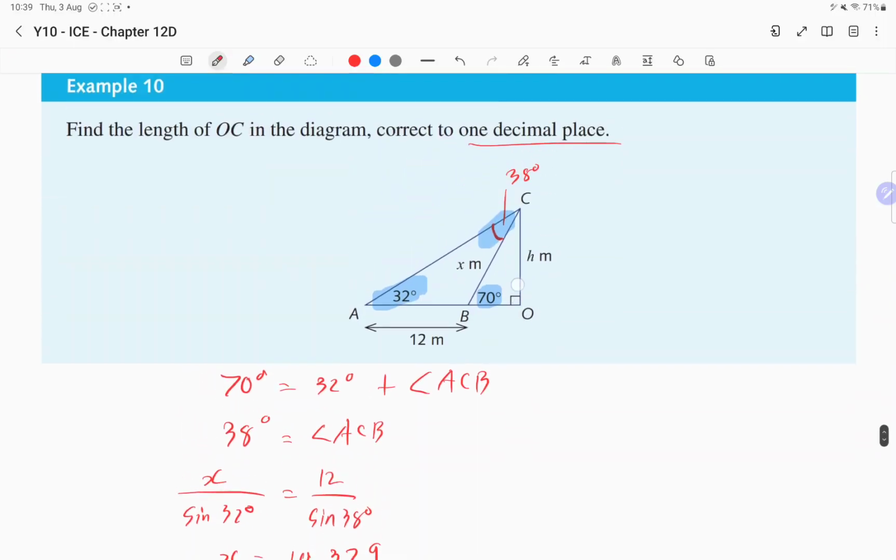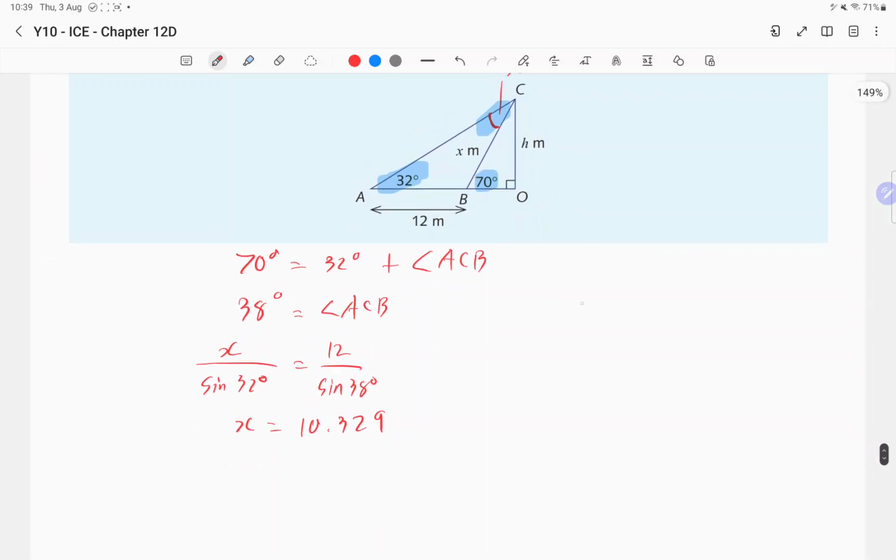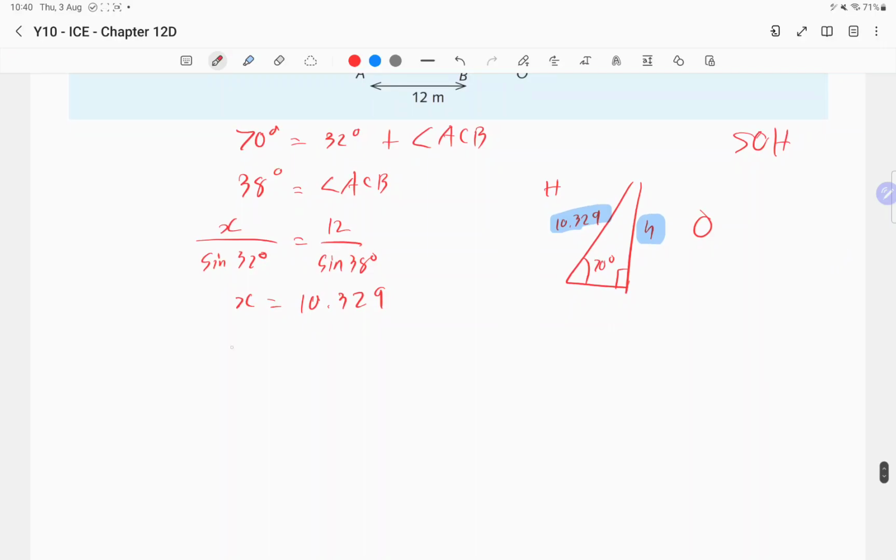All right, now we want to solve for h. So in this case, if we were to redraw CBO here, CB is x, so that's 10.329. And then h is here, in a right angle triangle, with 70 degrees. You don't even need to use the sine rule, because that's just opposite over hypotenuse. So sine of 70 degrees would be equal to h over 10.329.